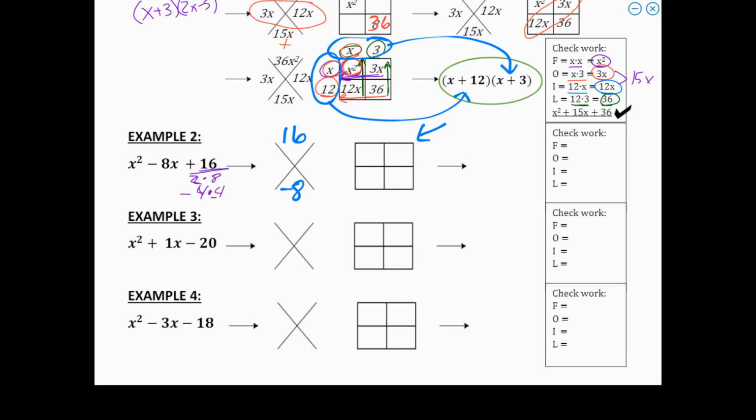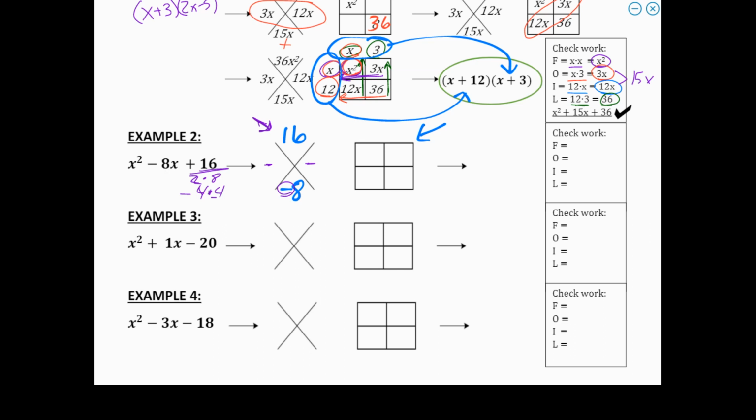Okay. So here's a hint. If this top number, you might want to write this down, if this top number is positive, then your two factors are going to have the same sign. They're going to have the same sign as whatever your bottom number is. Because two positives multiply to give a positive, and two negatives multiply to give a positive.